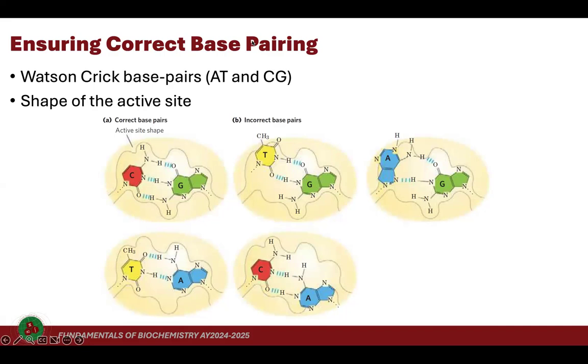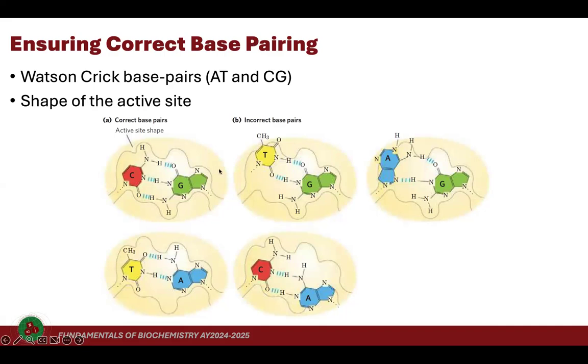But in the context of DNA replication, aside from the optimized hydrogen bonding between AT and GC, the shape of the active site in the DNA polymerase also assists in the correct base pairing.